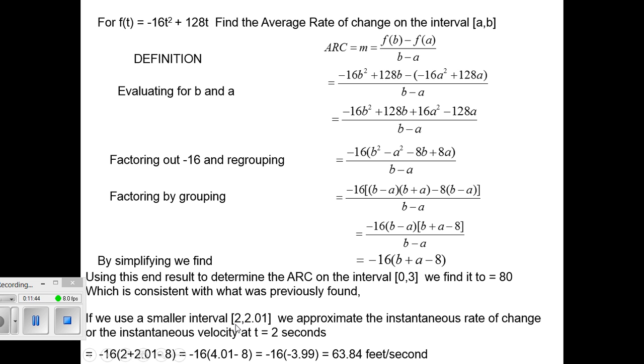And in fact, the smaller the interval, the closer the approximation to the instantaneous rate of change that we're finding, okay, as opposed to the average rate of change. So that's it for this presentation.